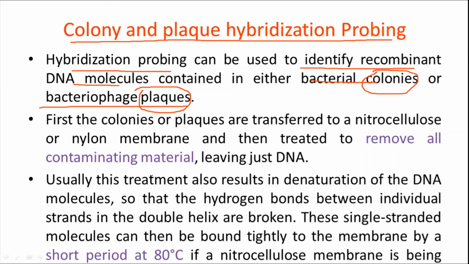The plaques are transferred to a nitrocellulose or nylon membrane and treated with some reagent to remove the contaminating material and just release the DNA. After this treatment, denaturation of the DNA molecules takes place. If it is subjected to 80 degrees centigrade on the nitrocellulose membrane, the attached DNA molecules can be fixed to the membrane, bound tightly under this condition.